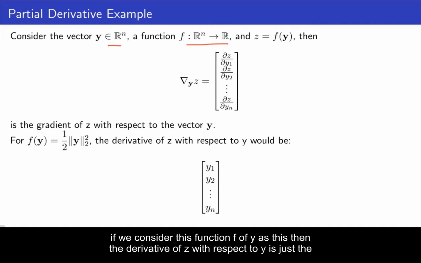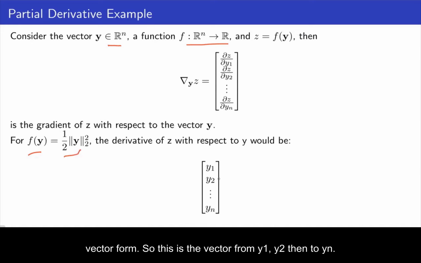Then the derivative of z with respect to y is just the vector form: y1, y2, up to yn.